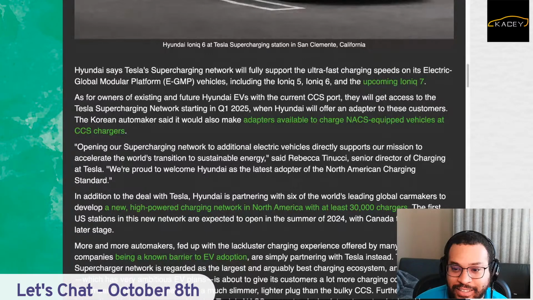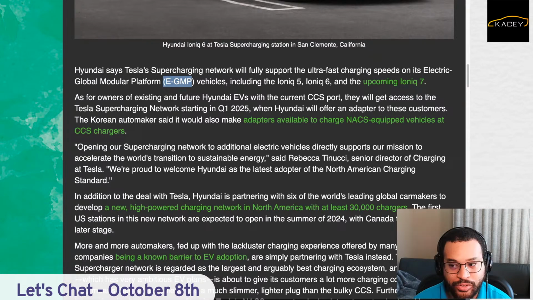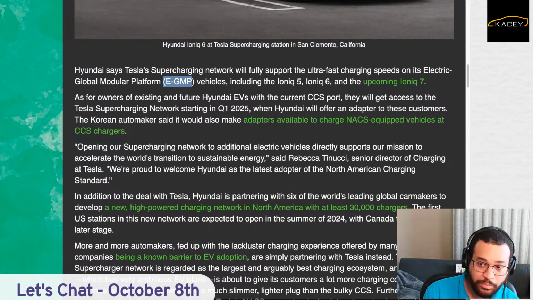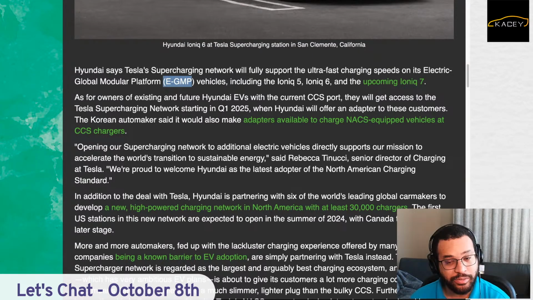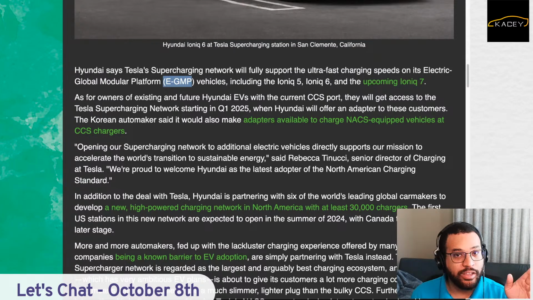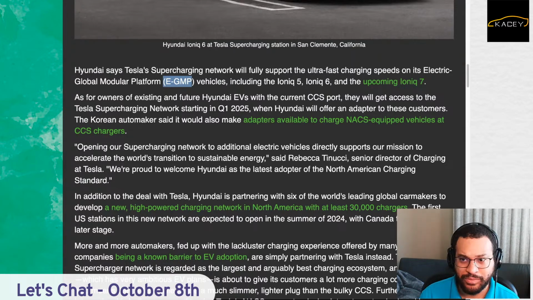And so let's go on with this weirdness that is Hyundai, because they didn't exclude the adapters. They just didn't start with it. Let's see. They say that Tesla's Supercharging network will fully support ultra-fast charging speeds on its Electric Global Modular Platform, or E-GMP, vehicles, including the Ioniq 5, 6, and the upcoming Ioniq 7. So the question here then, they said the ultra-fast charging speed, which implies their 800-volt architecture, right? Without the upconverting. That, or that they somehow made the upconverter work with the Superchargers at a reasonable speed rather than the 50 to 75 kilowatts that it's capable of on its own.